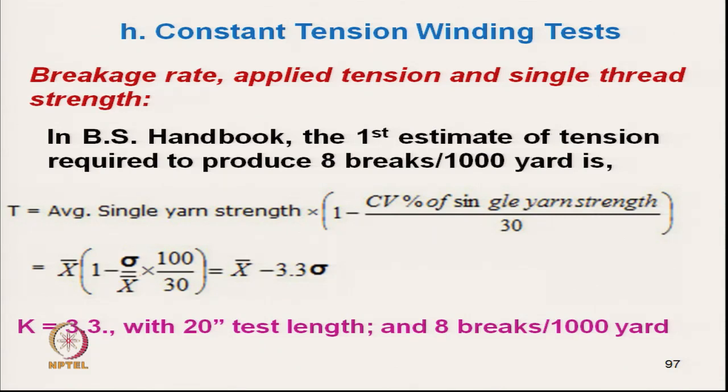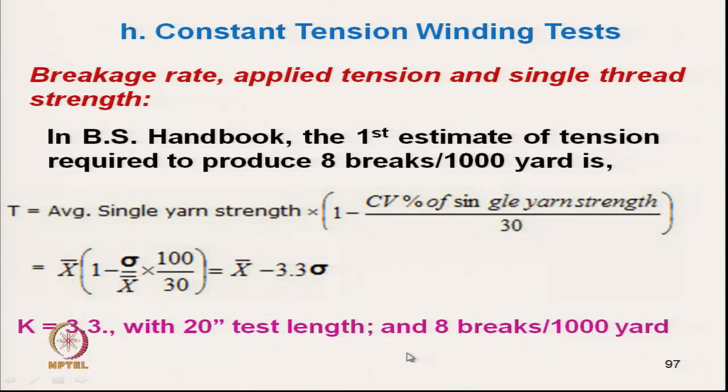What is the gauge length? In the BS Standard Handbook they say the test length should be 20 inch, and the N value we have mentioned earlier is 8 breaks per 1000 yard.